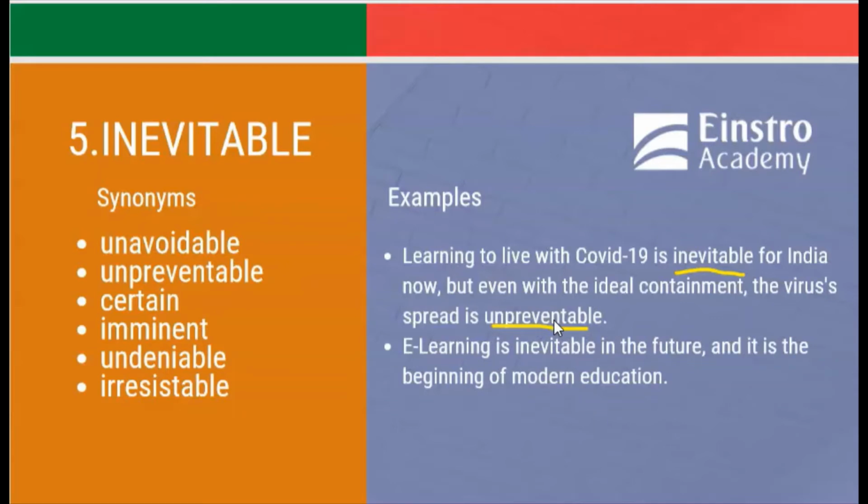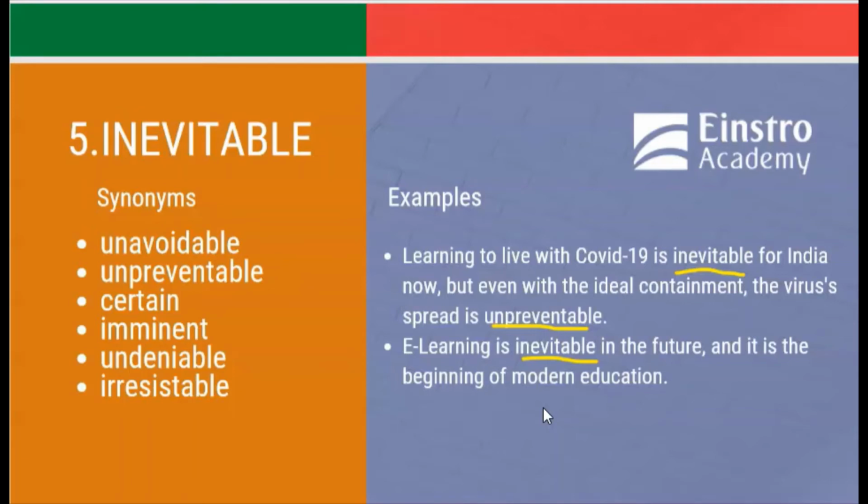Then the second example: e-learning is inevitable in the future, and it is the beginning of a modern education. So that means online learning or technology, using a mobile phone, using an app and learning something, is inevitable in the future. You don't need to have a physical presence in the classroom.